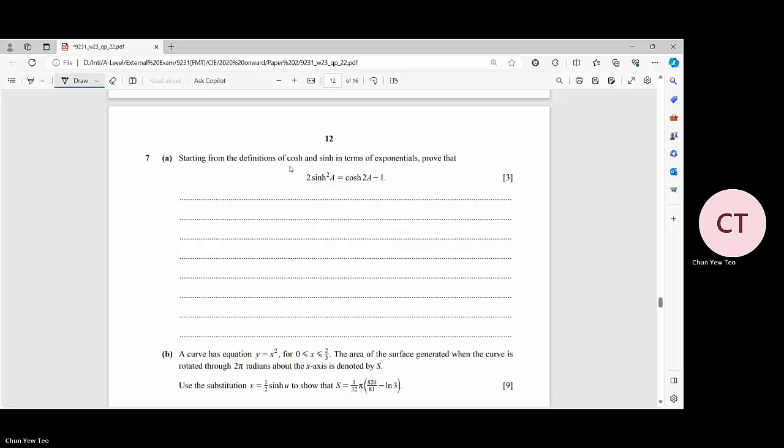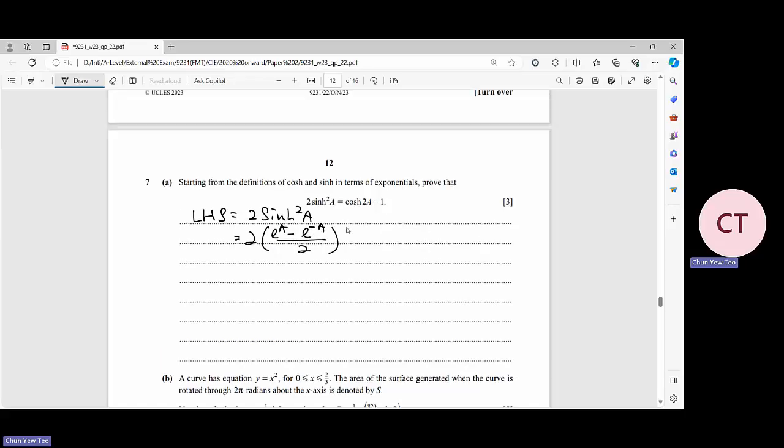Okay, now we take a look at question number 7A: starting from the definitions of cosh and sinh in terms of exponentials, prove this relationship. For this situation, you can either start from the left or from the right. Over here, I start from the left. So I have 2 sinh squared a. According to the definitions, sinh a is e power a minus e power negative a over 2, and squared.